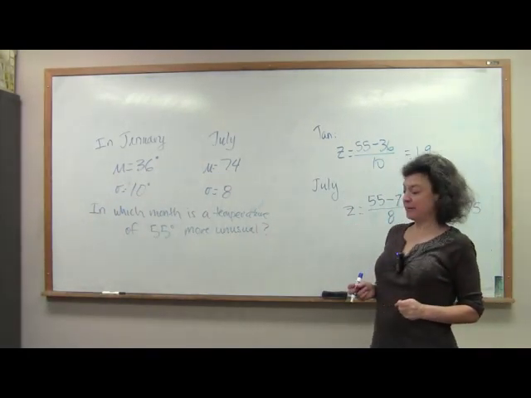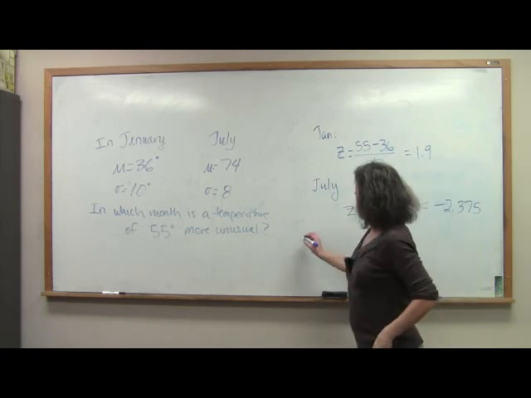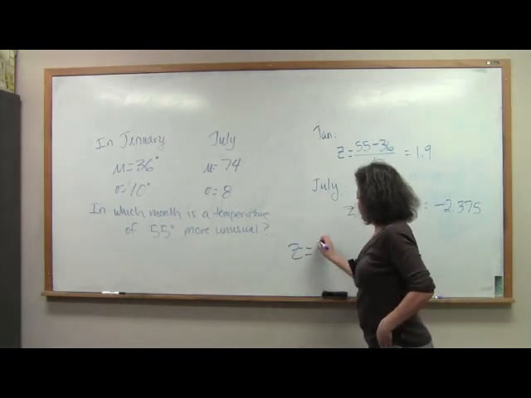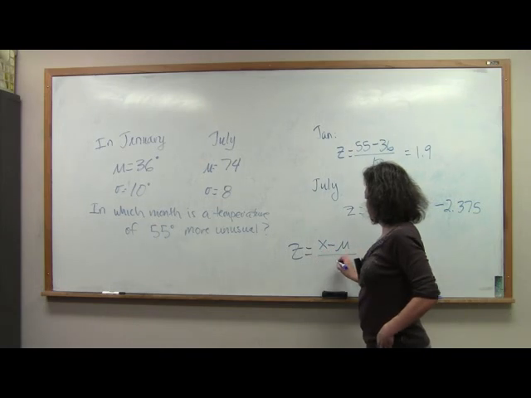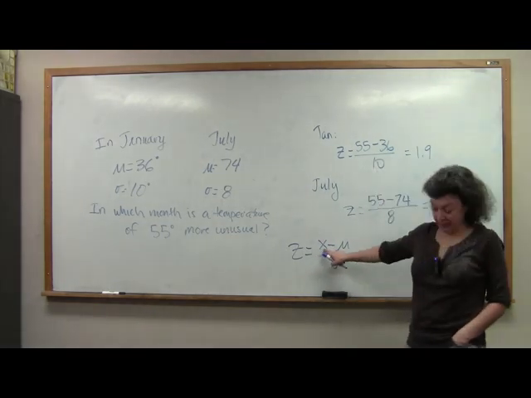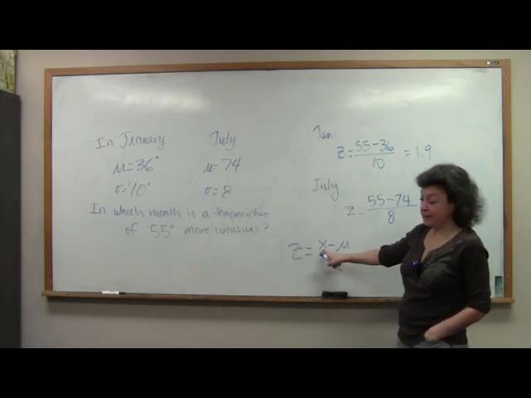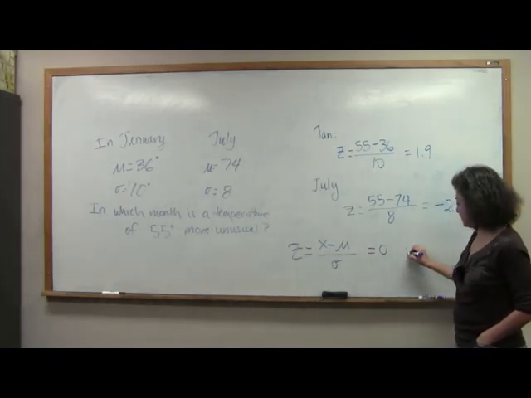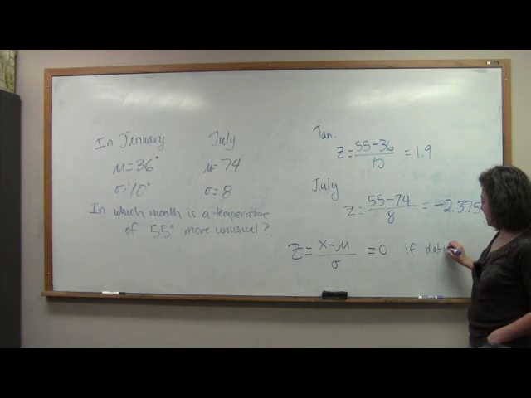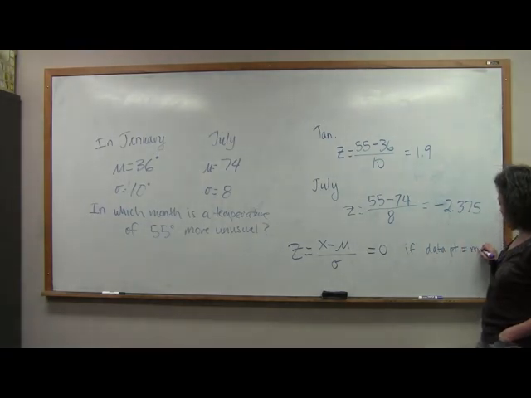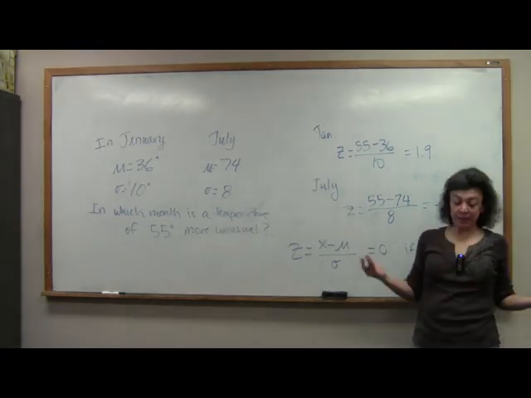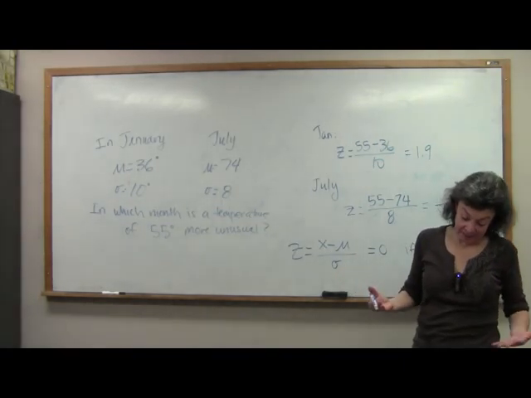Well, let's talk about that. Notice when you compute your z-score, it's x minus mu over sigma. If your data value is exactly equal to your mean, then your z-score is 0. Okay, so that's about as close to the mean as you can get.